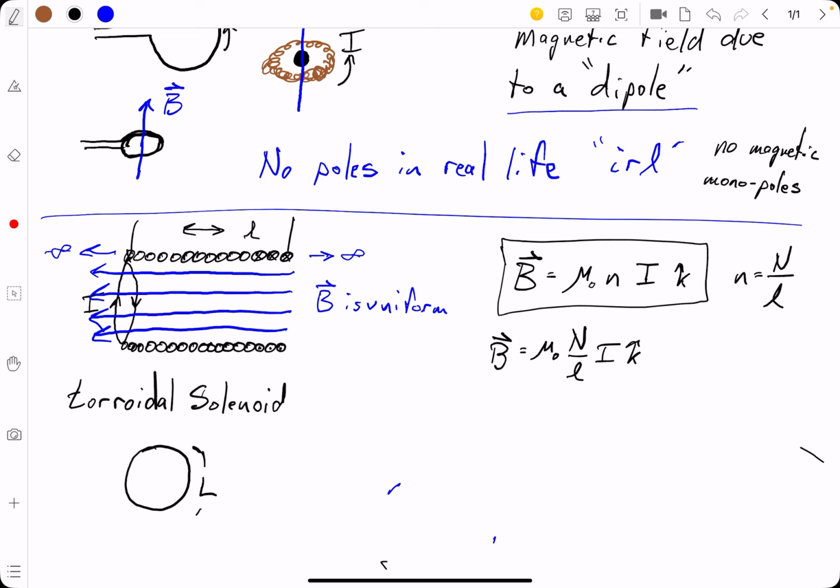So all the way around from one side to the other, we've got this solenoid L, okay? And big L is equal to 2 pi r.